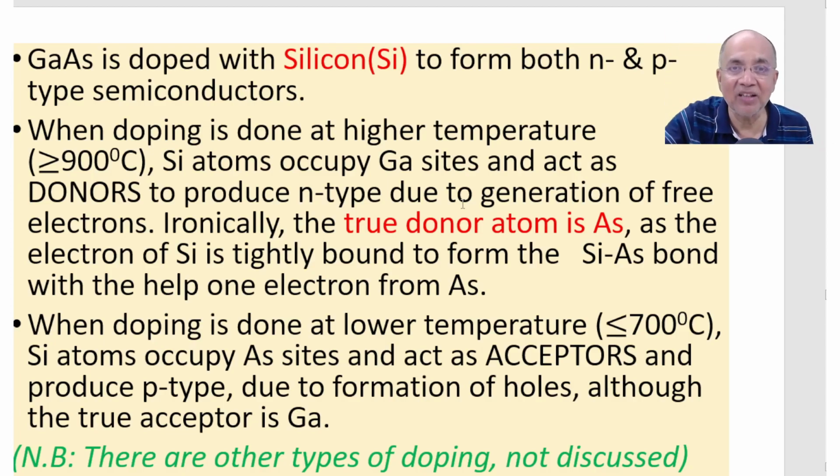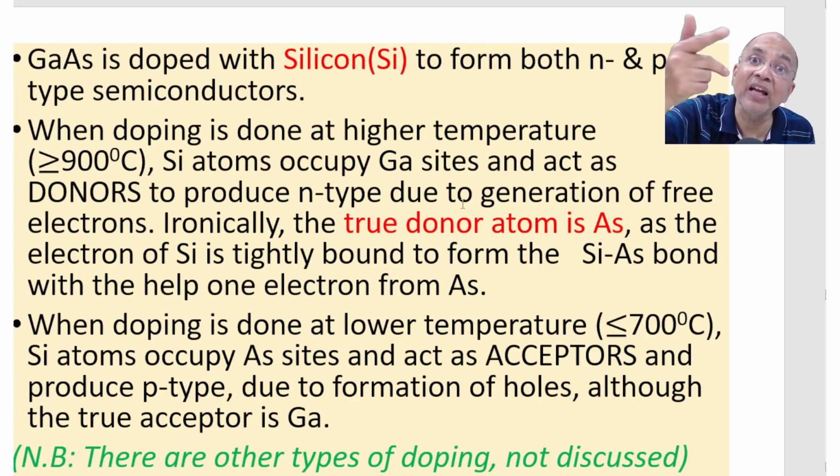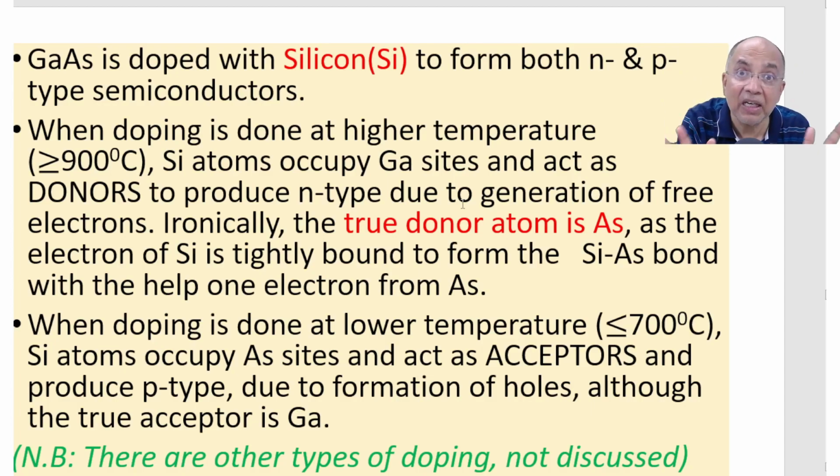In gallium arsenide, some gallium goes and in its place silicon sits. Now silicon has an extra electron. We needed only 3 electrons for the bond. So silicon has 1 extra electron. So what will happen? That becomes free. So the n-type semiconductor is formed when you dope silicon into gallium arsenide at a higher temperature, greater than 900. Now the real donor is not silicon.